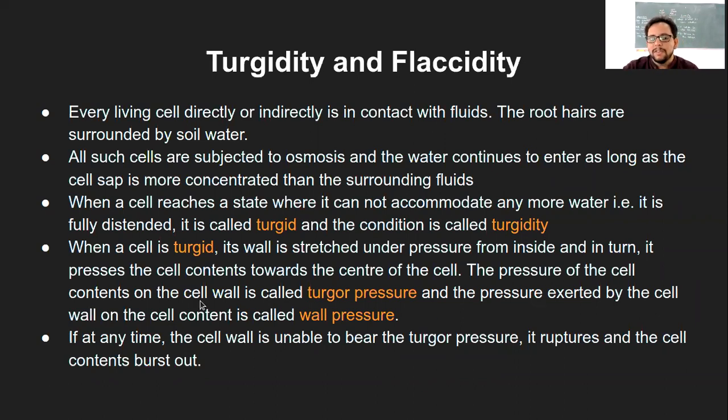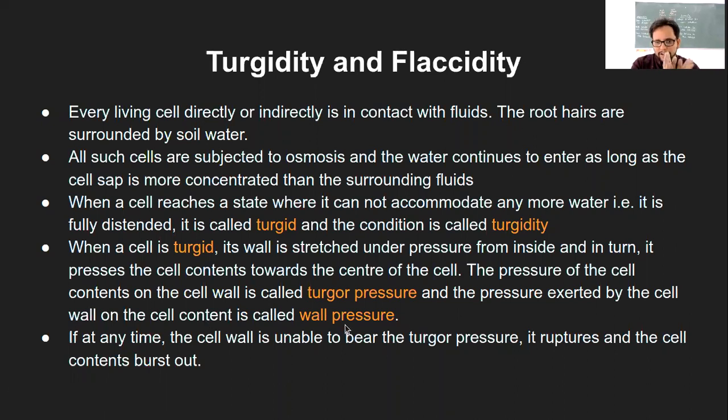And the pressure of the cell content on the cell wall, that is from the center towards the cell wall, is called turgor pressure. So the pressure on the wall is called turgor pressure, and the pressure exerted by the cell wall on the cell content in return is called wall pressure, right?